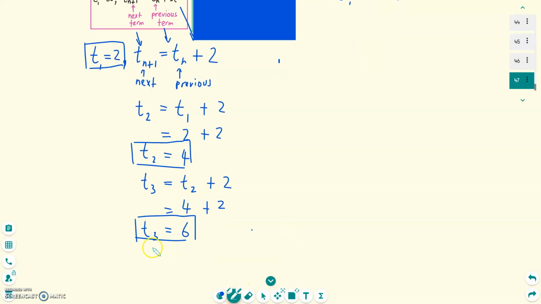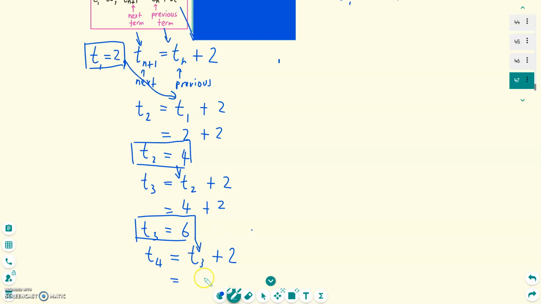Using recursion to generate the 4th term, we need to say the next term, T4, is the previous term, T3, plus the common difference. And what was T3? Well, we can plug that in. So we're always working to plug in from the previous thing.